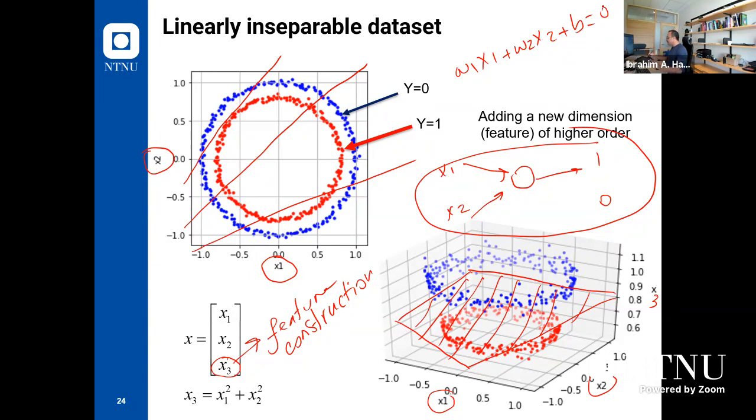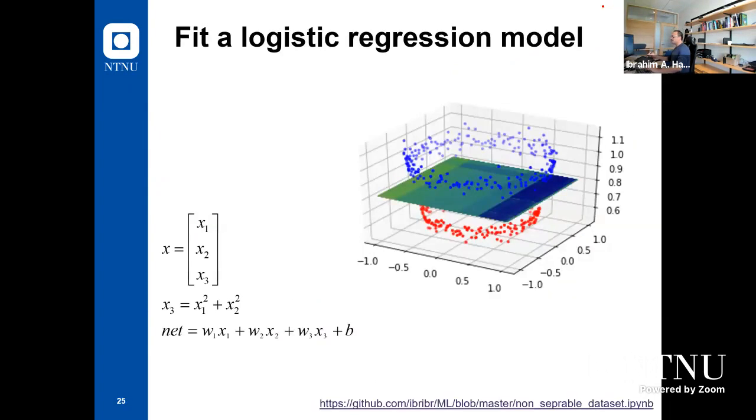But of course, maybe you can solve it using a feed-forward neural network, because a feed-forward neural network will try to generate a very complex shape, a complex decision boundary, which can be used for solving this problem. When we extended the feature with the higher order feature x3, the straight line becomes omega 1 x1 plus omega 2 x2 plus omega 3 x3, because we added x3.